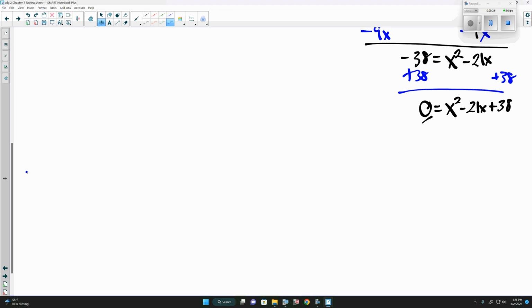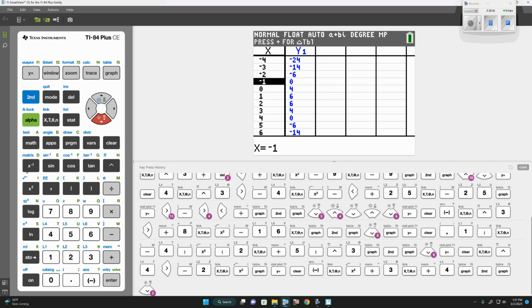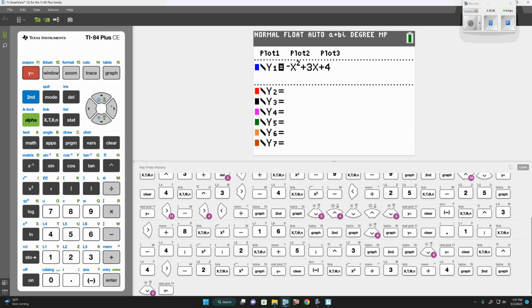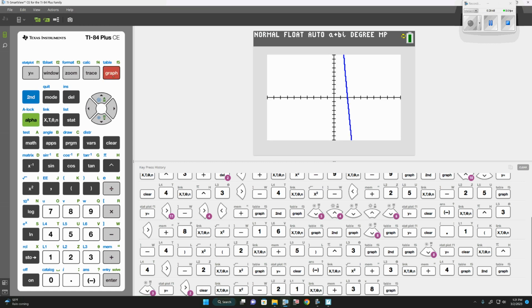Now at this point, we could factor it or we could graph it. I'm going to graph it. I'll also factor it. X squared minus 21x plus 38, yes? Or is it minus 38? Okay, good.